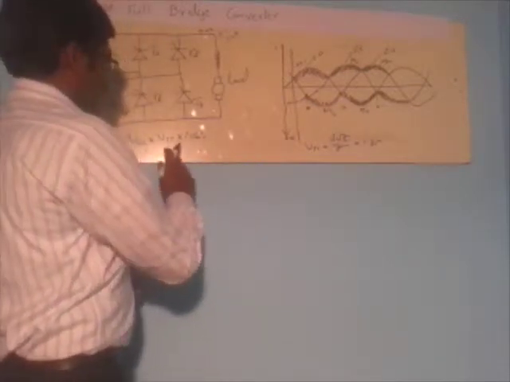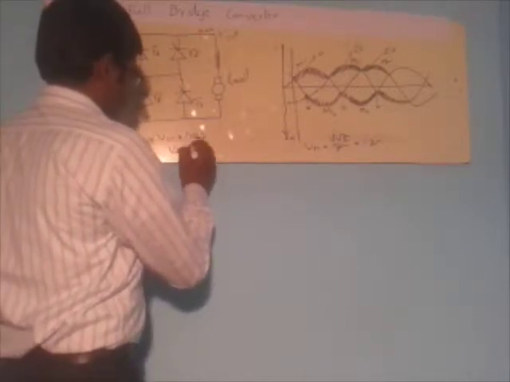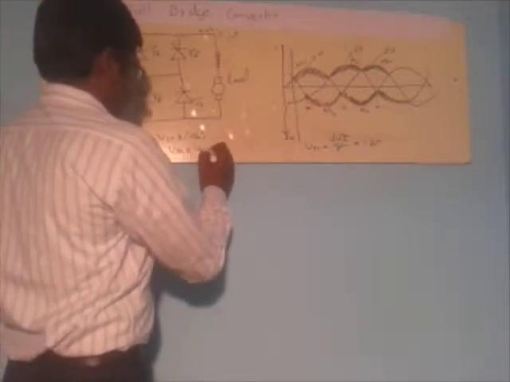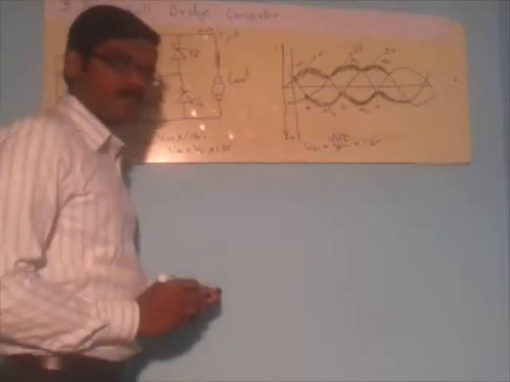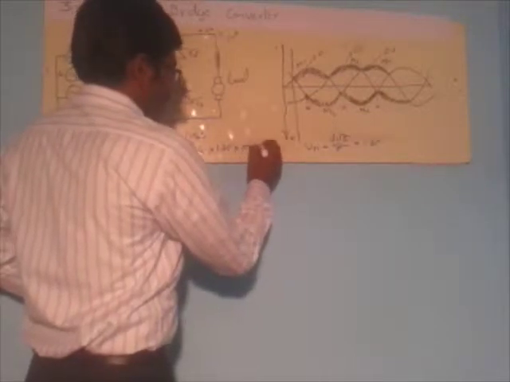Then we can write VDC is equal to VLL into 1.35 into cos alpha.